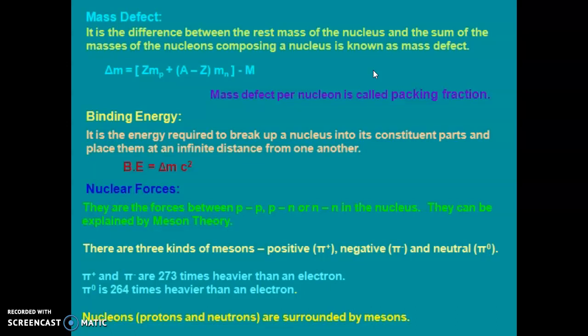So some mass is being destroyed, and that mass is called mass defect, delta m.